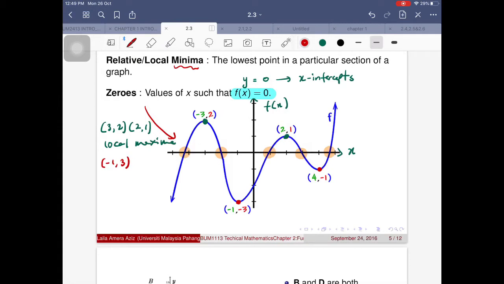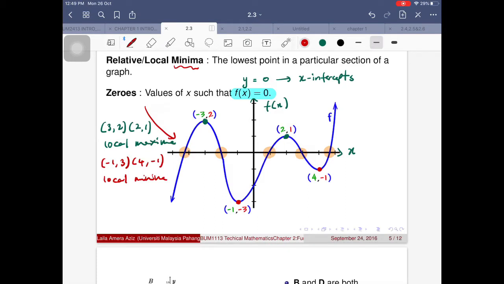As for negative 1, 3 and 4, negative 1, those are going to be the local minima.